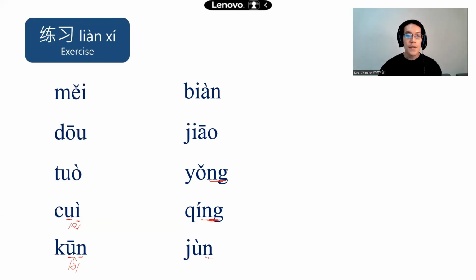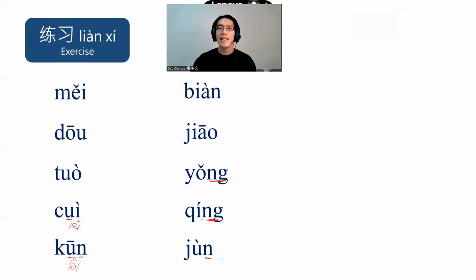If there's no G at the end of the pinyin, that means the N: use your tongue to touch your teeth to form a nasal sound. 俊. Okay, the next one.